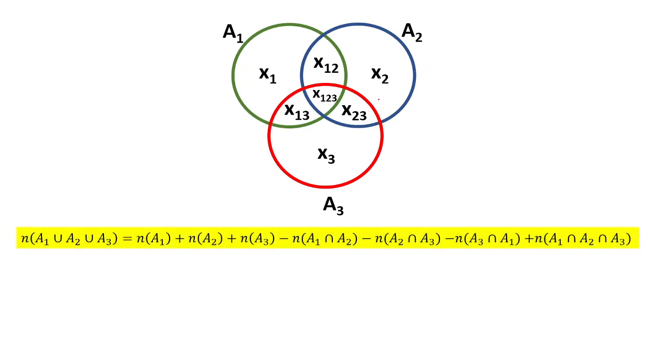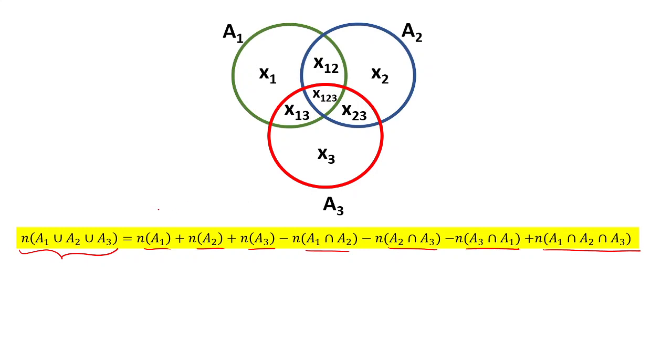And the formula for the union goes like this. This is not random. At first sight, you might feel that this is random, but even when I was a kid and saw this formula for the first time, I could see the pattern.